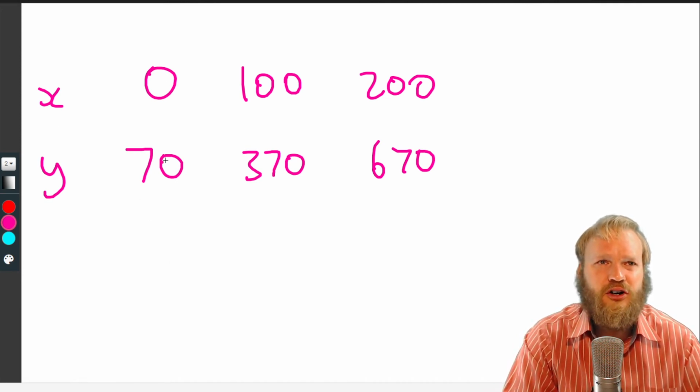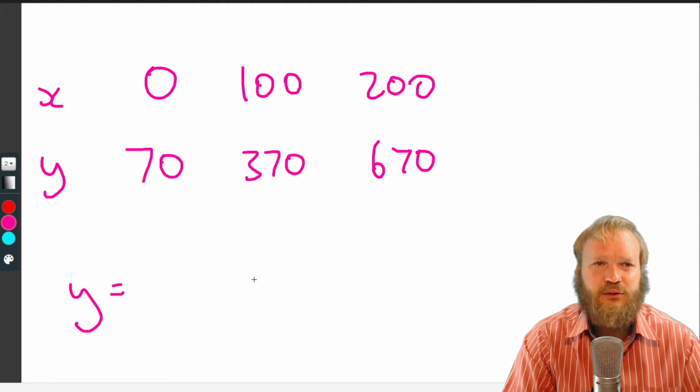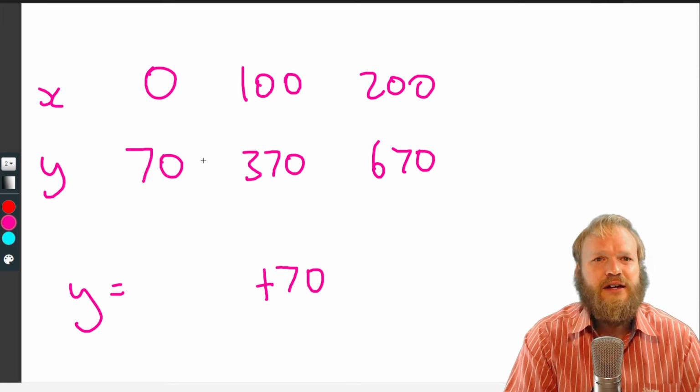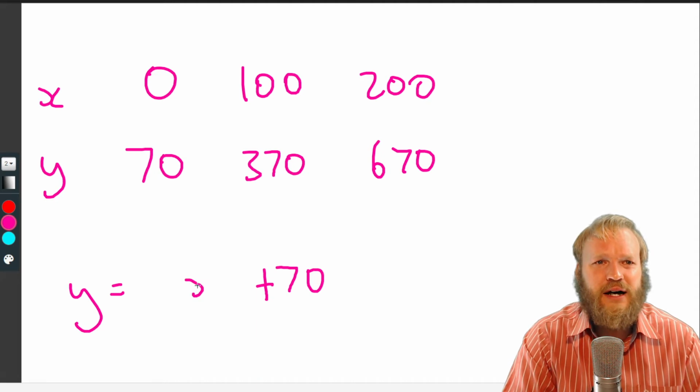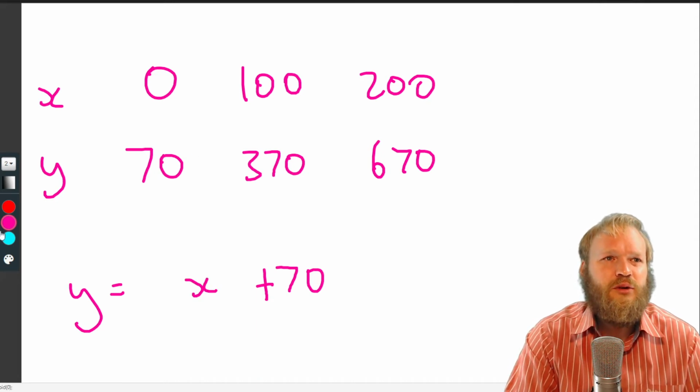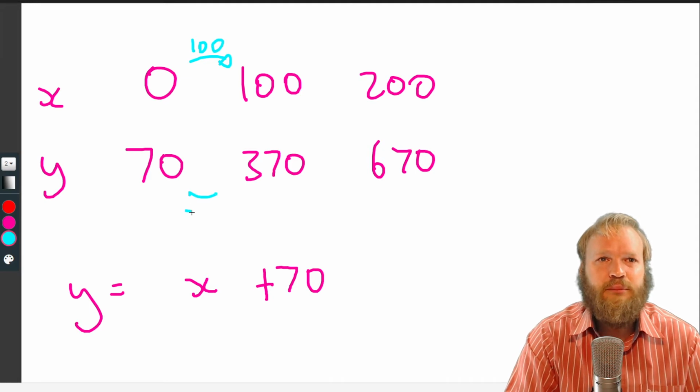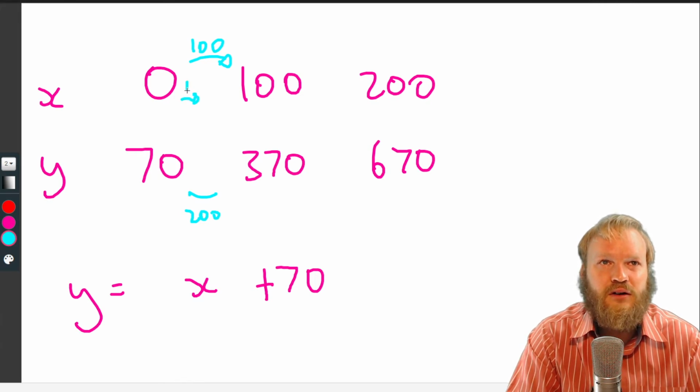So if X was 0, Y was 70. If we haven't gone anywhere, or haven't spoken on the phone at all, we always added 70. And then what we were multiplying X by: when we went up by 100, we were going up by 200. But what we're interested in is what happens if you're going up by 1?